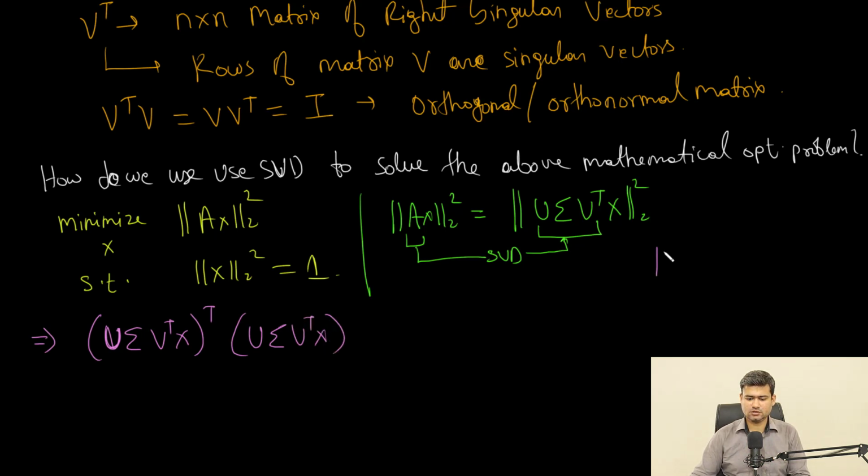Recall that the L2 norm squared of an n-dimensional vector is simply x transpose x. So similarly, we have expanded this norm definition.